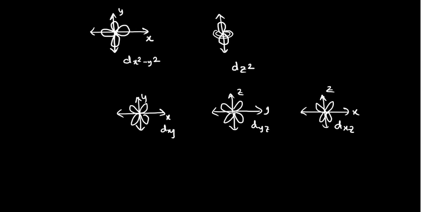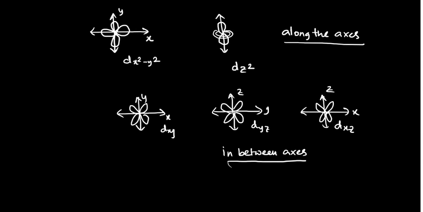So these are the 5 possible orientations. Now these 2 are the cases where the lobes are oriented along the axis, and in case of these three, the lobes are oriented in between the axes. So these are the 5 possible orientations.